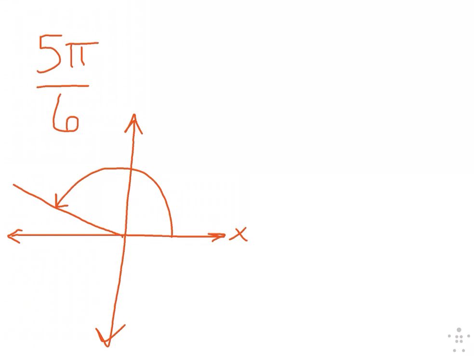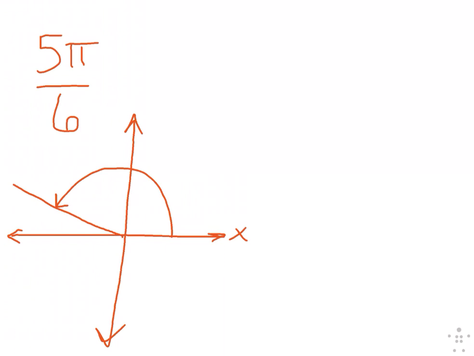That's the drawing. As far as the one positive and one negative coterminal angle, when we did this one in your assignment, we converted it to degrees. Then we added and subtracted 360, and then we converted back. I'm going to show you a little trick to save yourself some time.